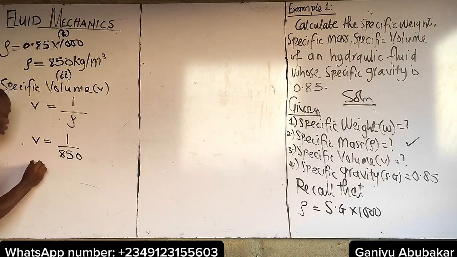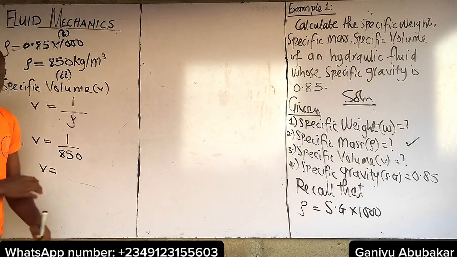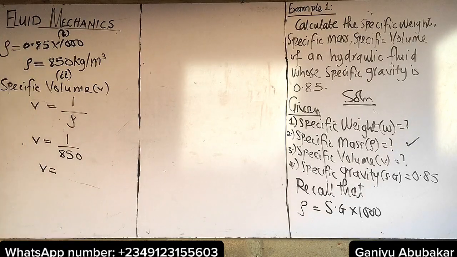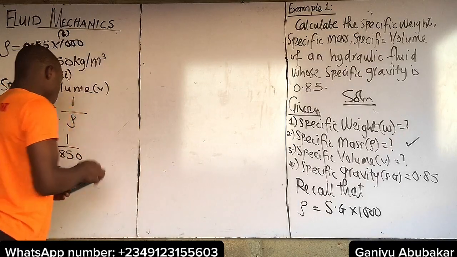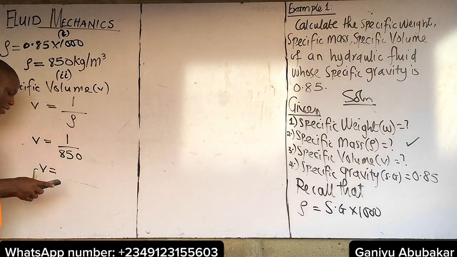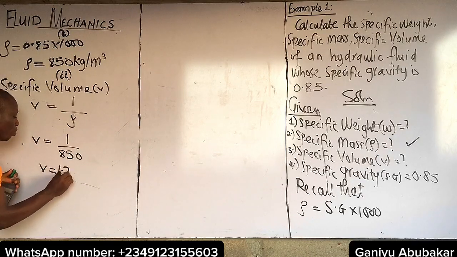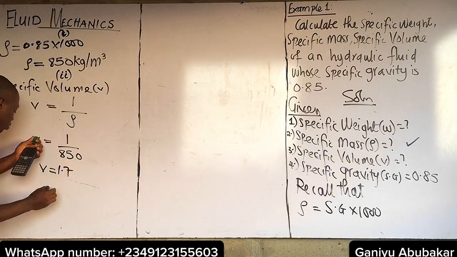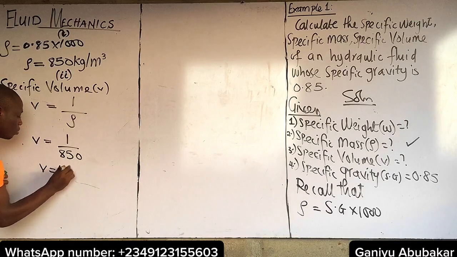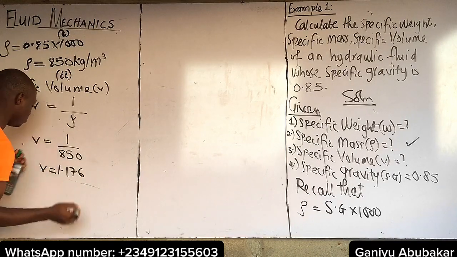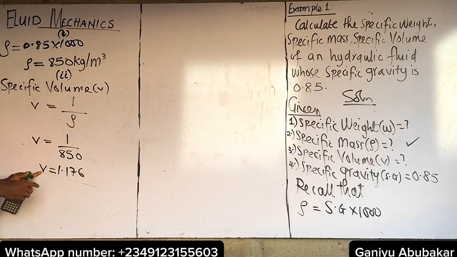If I divide 1 by 850, I'll have 1.176 times 10 to the power minus 3.